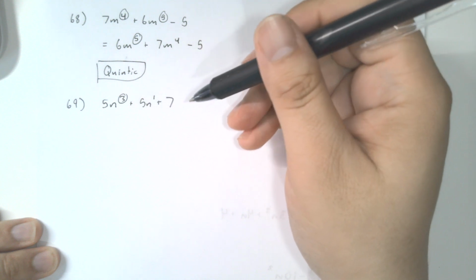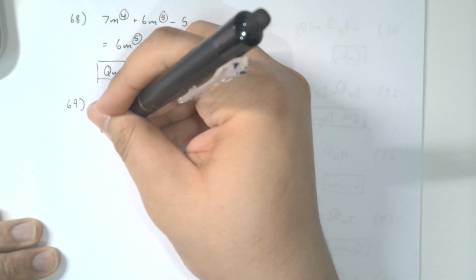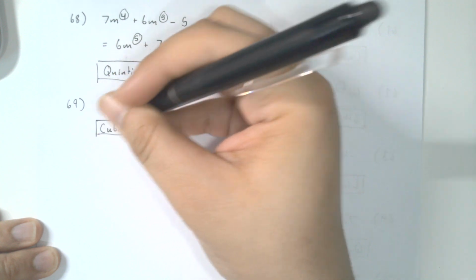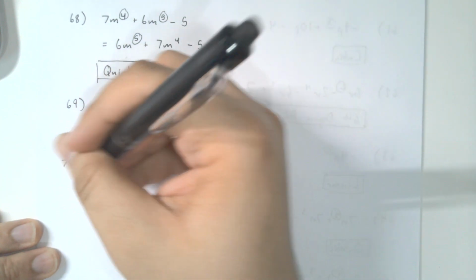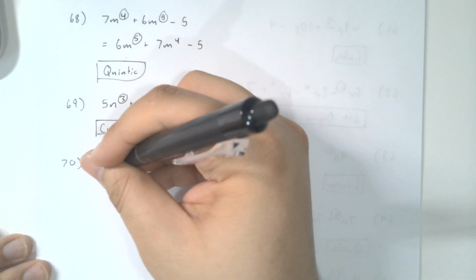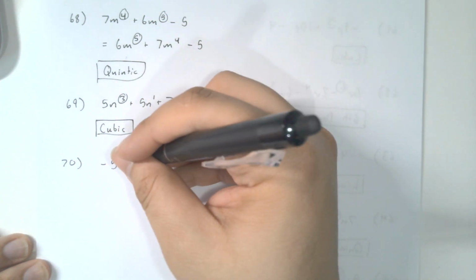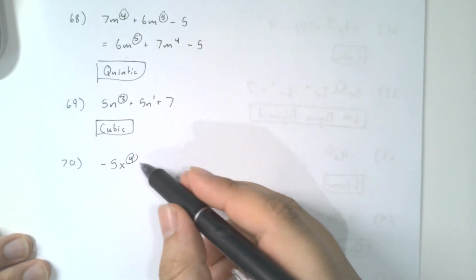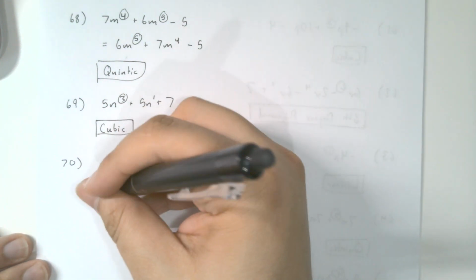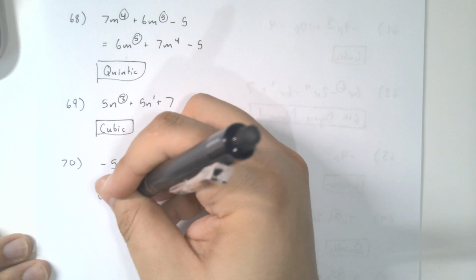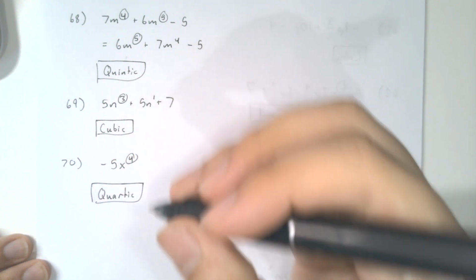Our 3 is our highest power of n, and so this is going to be a cubic. For number 70, we have negative 5x to the fourth. We only have one term here. That's nice. That was easy. So this is to the power of 4. So this is a quartic polynomial.